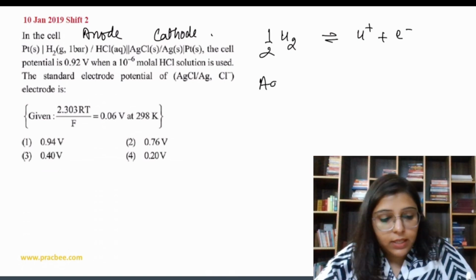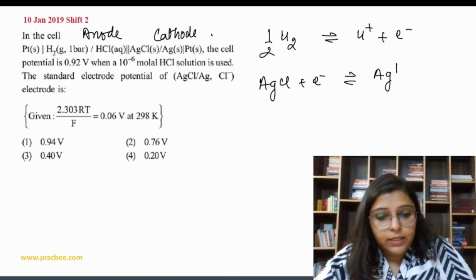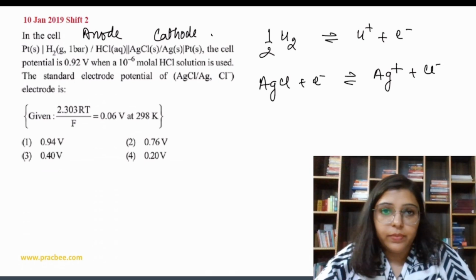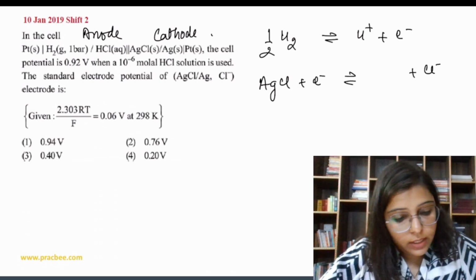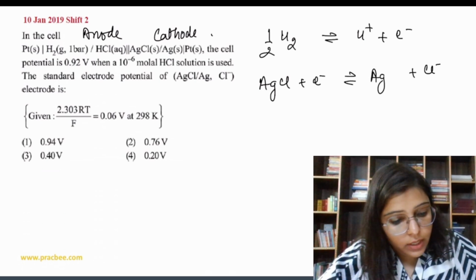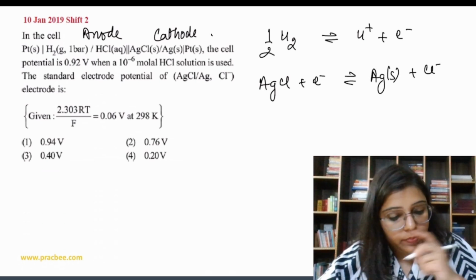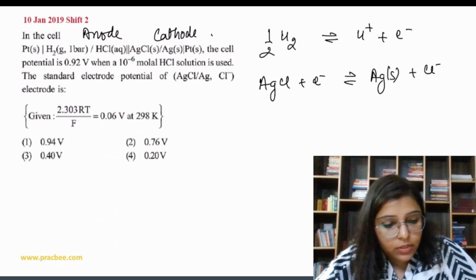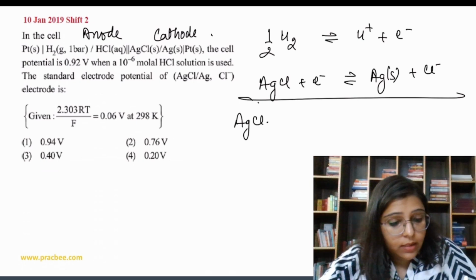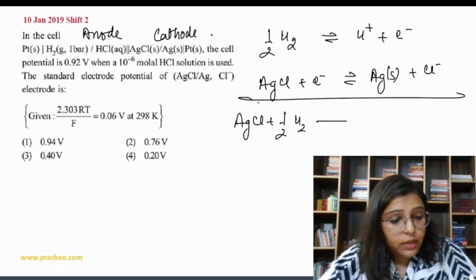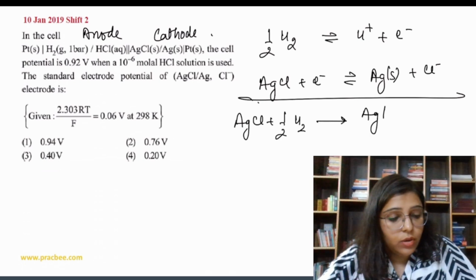Now we have AgCl, so AgCl accepts 1 electron and we get Ag solid and Cl minus. So the overall reaction is AgCl plus half H2 giving Ag solid, Cl minus, and H plus.